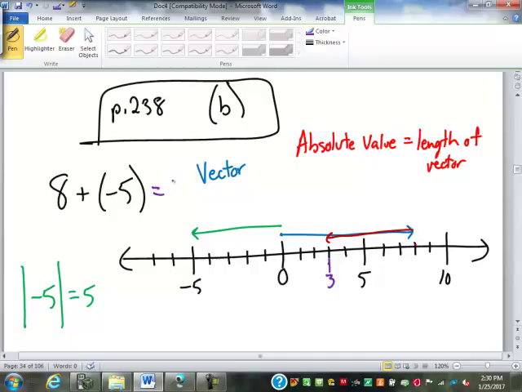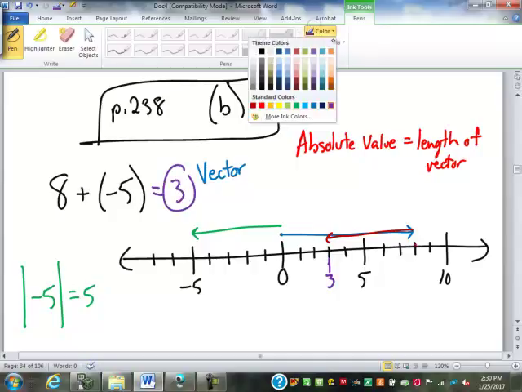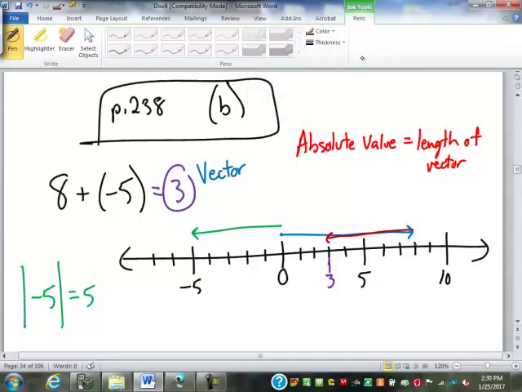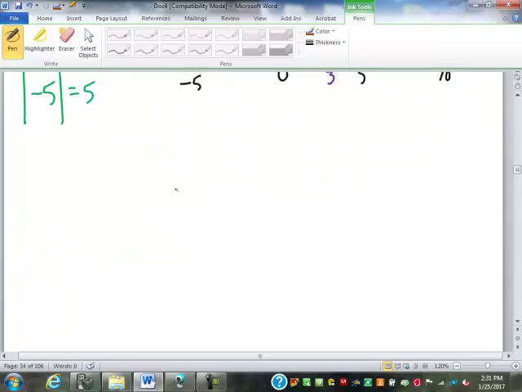So 8 plus negative 5 is 3. And just like we had mentioned last semester, I don't draw out a number line every time we do addition and whatever with negatives, and I don't expect you to either. But I do use the image of that number line to tell me what to do.